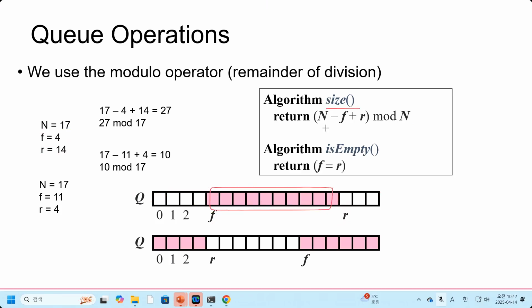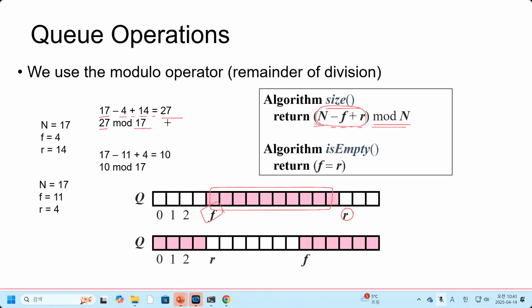So we can use this formula, (n - f + r) modulus n. N is 17, minus f. F is the index of front, 4, plus 14. This is the index of R. That is 27. So 27 modulus 17.